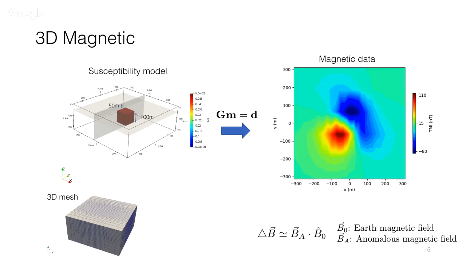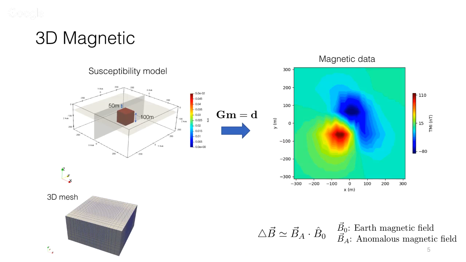The magnetic susceptibility, is there anybody who doesn't know what magnetic susceptibility is? Good, okay. So let's suppose we got a block in here, magnetically susceptible, we've got an earth field that's coming in here, got a 3D mesh, and our forward problem is linear.